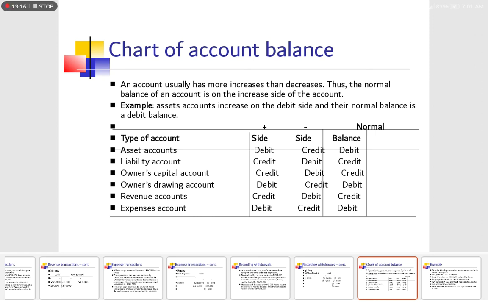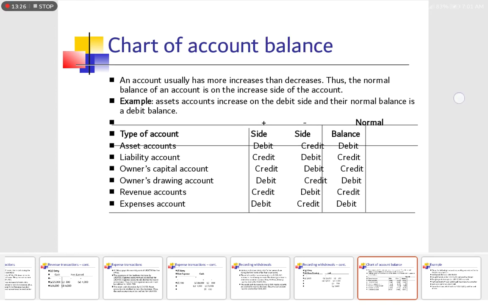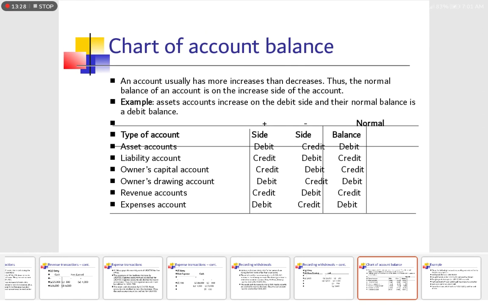When someone talks of a normal credit balance, it means that that account will always increase on that side, either on the debit side or the credit side. Since an account usually has more increases than decreases, the normal balance of an account is on the increase side of the account.